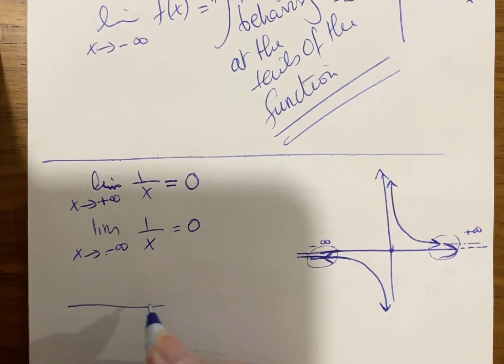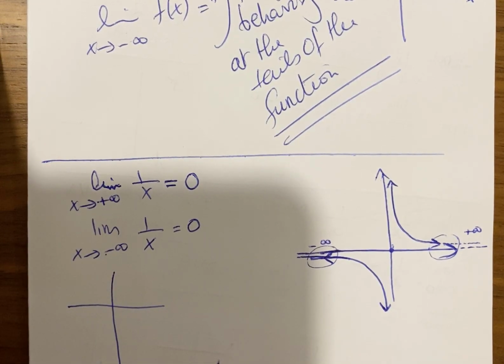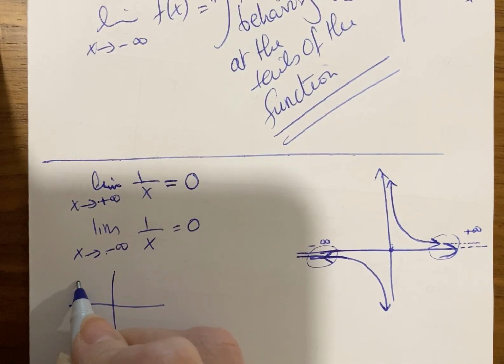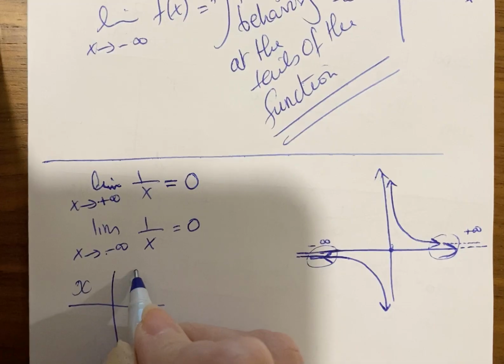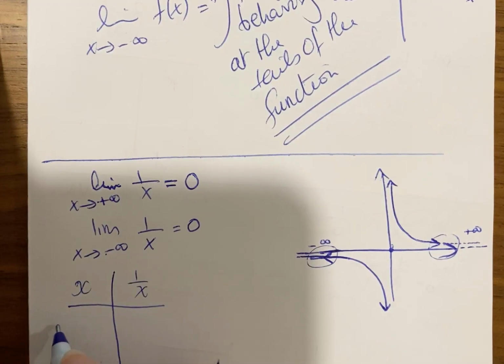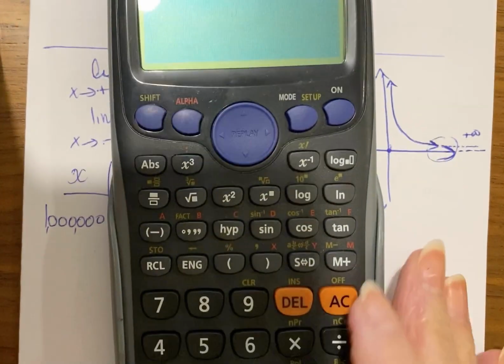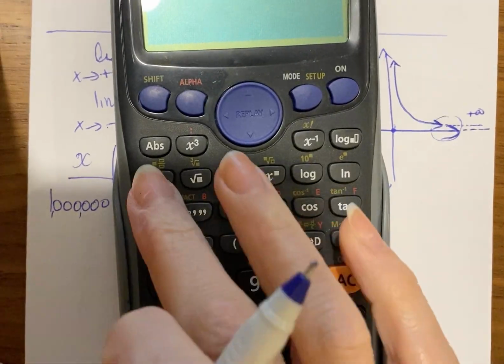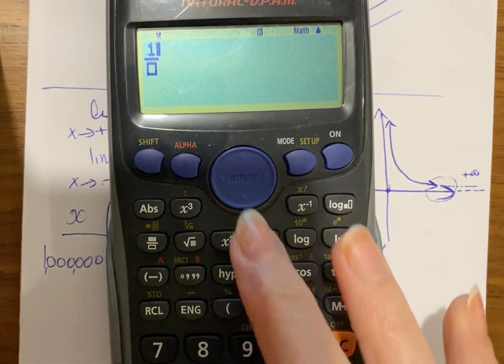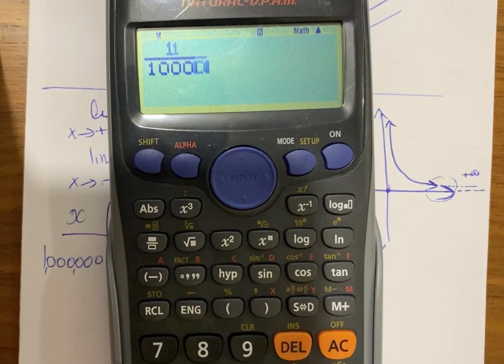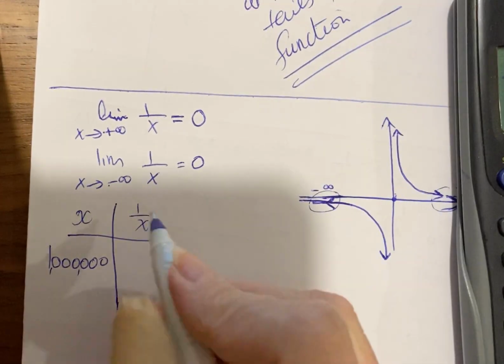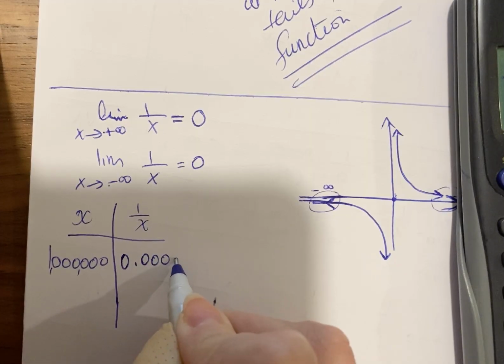If you also want to make sure that what I said is right, take values that are becoming very, very big. So if I take x values and then check 1 over x. If I take 1,000,000, what does 1 over x become? To see that when x becomes bigger and bigger, what's happening to the function? 1 divided by 1,000,000 is 1 times 10 to the power minus 6, meaning 0.000001.